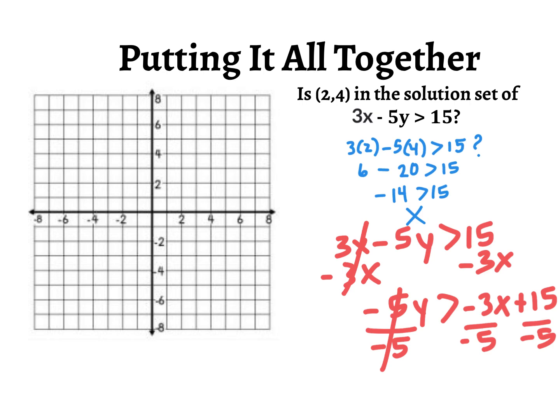So the inequality is actually going to be y is less than the rest of the function. Negative 3 over negative 5 changes to positive. Dividing by a negative does that. So we have positive 3/5 x. And then 15 divided by negative 5 is a negative 3.